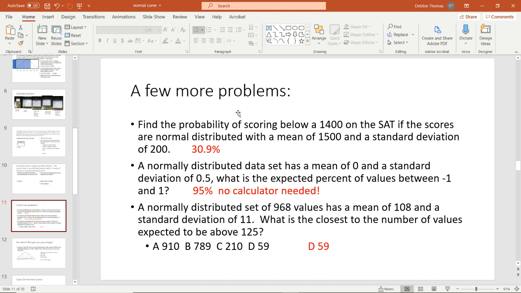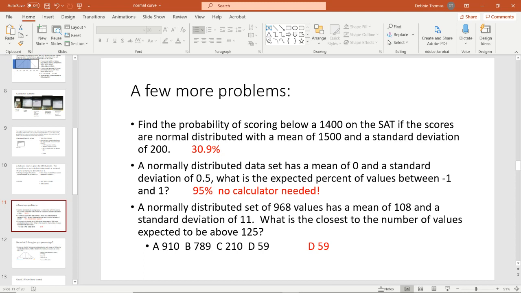So that means when I'm in my screen, negative 1E99 is my lower, 1400 is my upper, 1500 is my mean, standard deviation is 200. I hit paste, I hit enter. It says find probability, so probability is the same thing as percentage, multiply it by 100, and I should be getting a number that rounds to 30.9%.